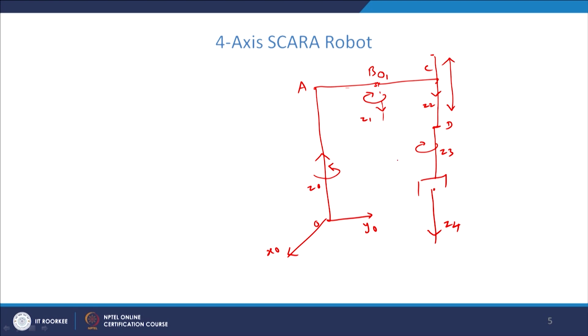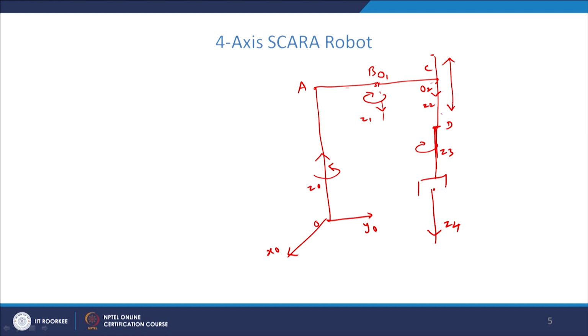Similarly, z1 and z2, they are always parallel. So, the shortest distance line meets the z2 axis at the point C. So, that will become the origin of the coordinate frame with z2 axis. Now, z2 and z3, they are the same line, they are in the same direction.